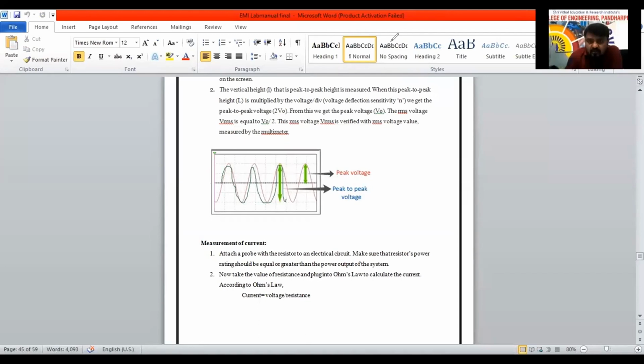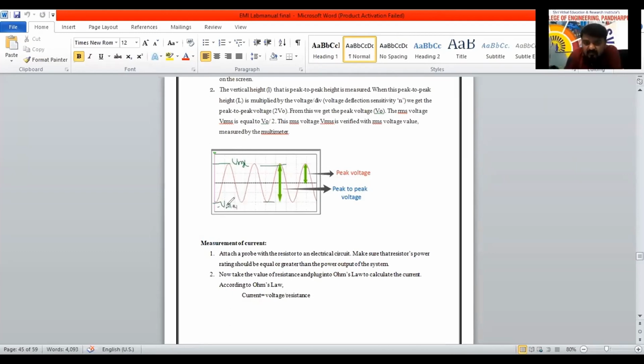From this point, whatever is the maximum, we call V max. From the upper point to the lower point, this one is V max and this one is V minimum, or minus V max. V max is on the positive side and minus V max on the negative side.